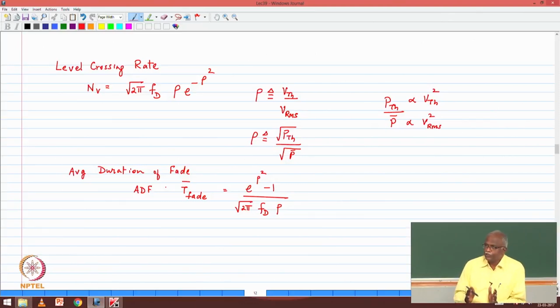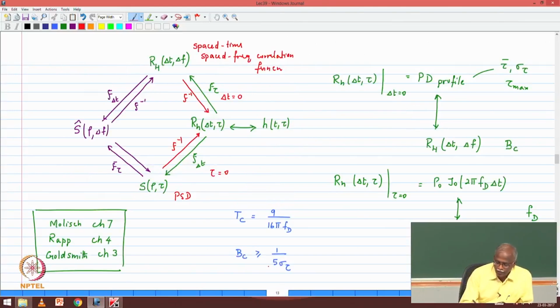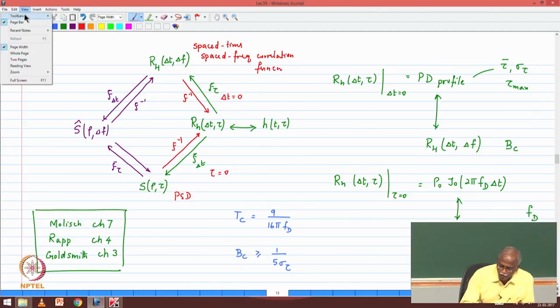Having fully understood the time variation, we went on to describe the fading channel in terms of the wide sense stationary uncorrelated scattering model.